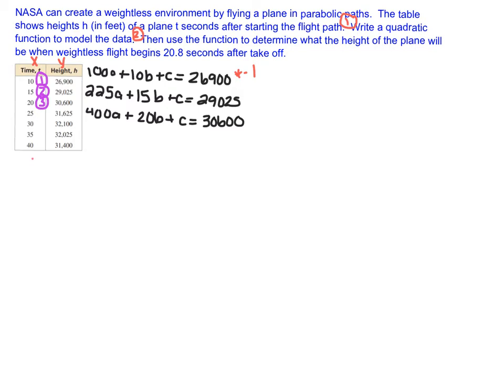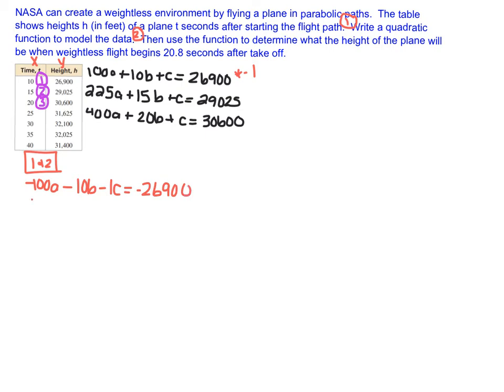So I'm going to start by combining equations 1 and 2. That first equation multiplied through by -1 becomes -100A -10B minus 1C equals -26,900.